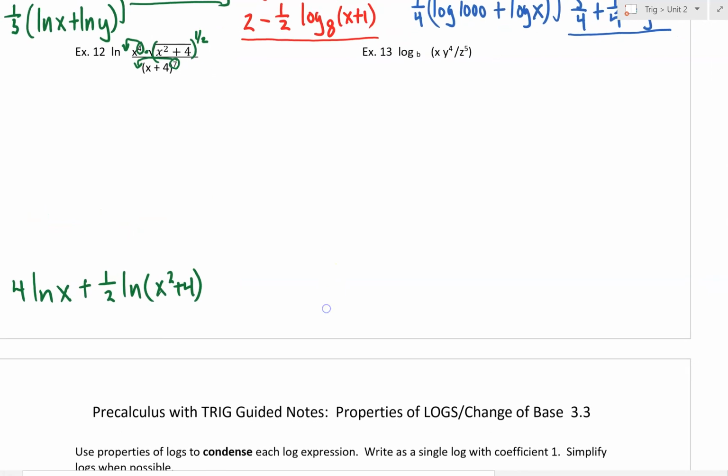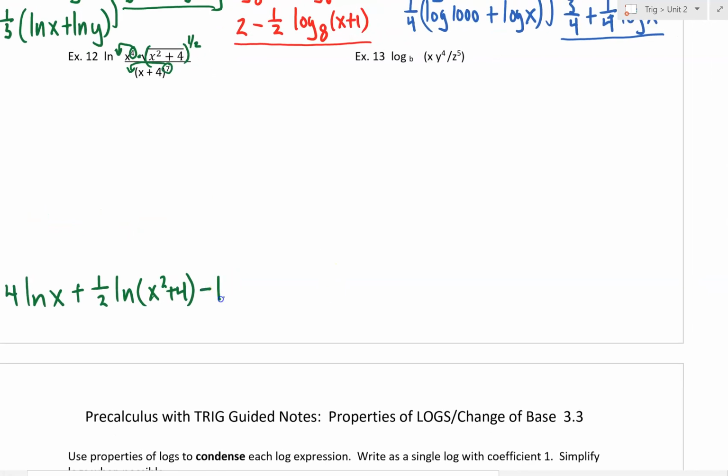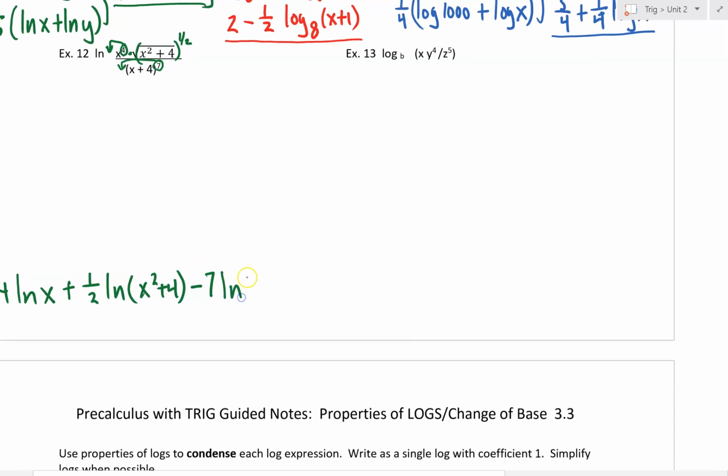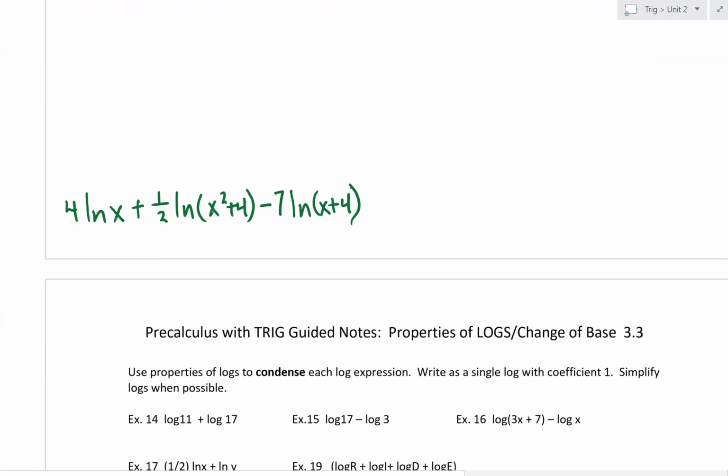And then the second part of this, minus, we have a 7 here. So minus 7, then it's going to be ln of x plus 4. There's nothing else I need to do. This 2 right here, the squared term, is not part of the whole overall term, so I don't have to move it. This is the answer.